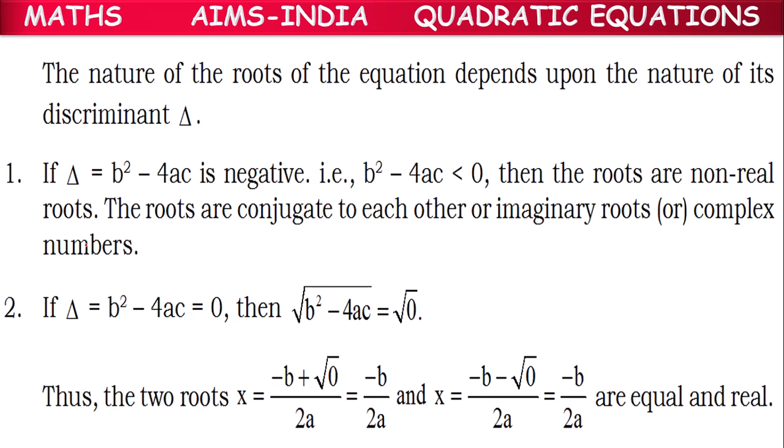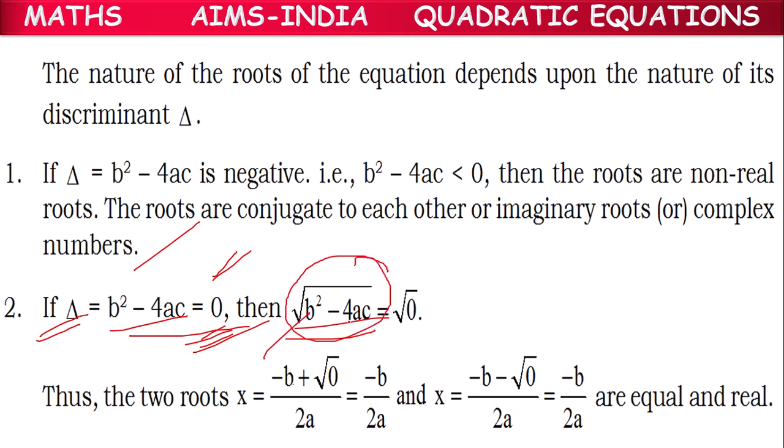So next, Charan. If the discriminant is 0, b square minus 4ac value is 0, then root of the discriminant will become root 0. So in the place of root of b square minus 4ac, we can take root 0. Minus b plus root 0 by 2a.